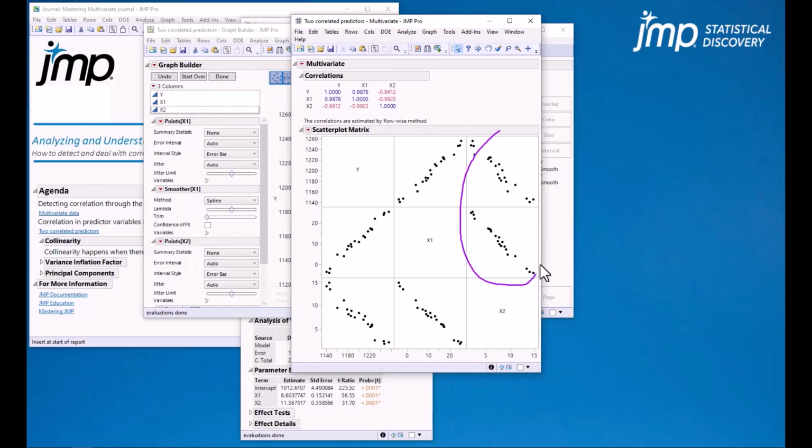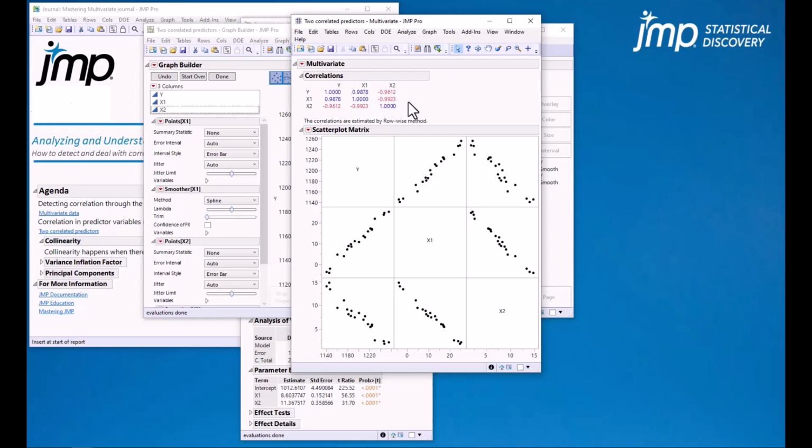But this is the graph that's really driving what's going on in those parameter estimates. And that is that X1 and X2 are highly correlated. They're negatively correlated. You can see it here. And when that happens, because of this correlation, X1 and X2 are fighting each other to explain variability in Y, and therefore maybe the regression coefficients don't make sense.